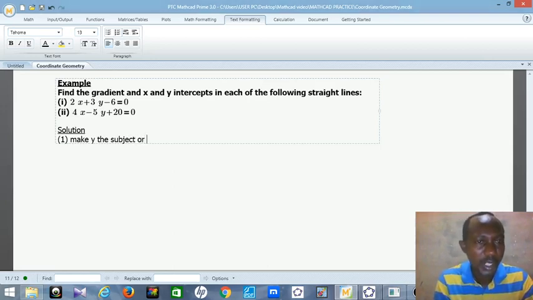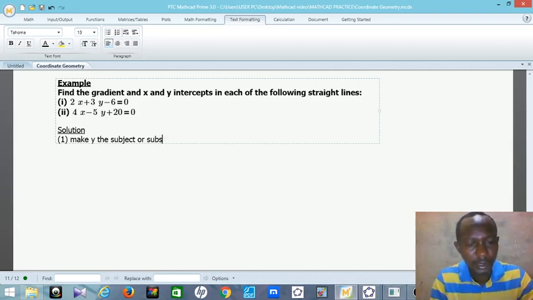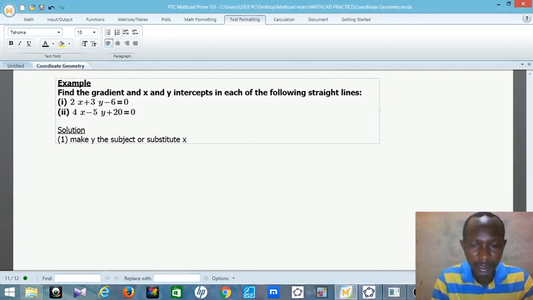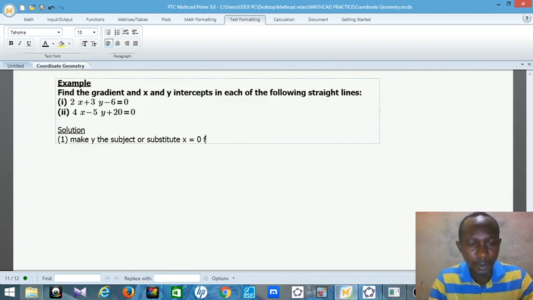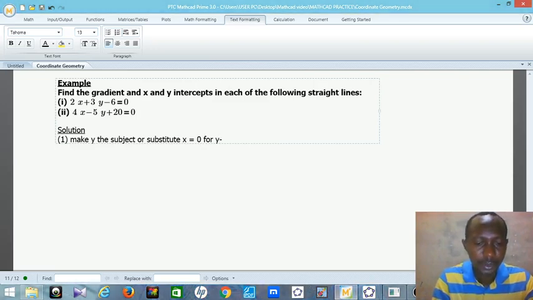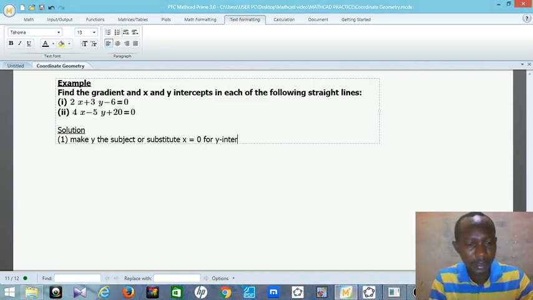Or if you don't want to make y the subject, you can substitute x equals 0 for the y-intercept.